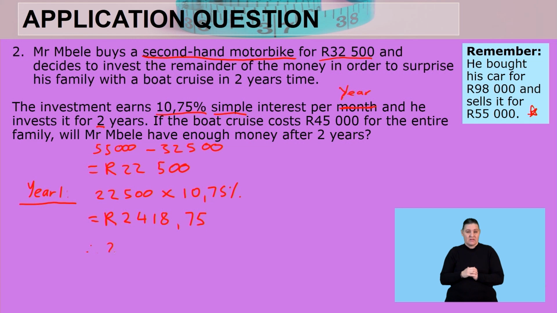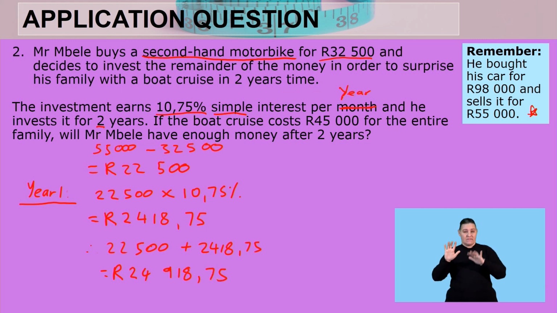Therefore, 22,500 Rand plus 2,418.75, and I get in the account now 24,918.75.